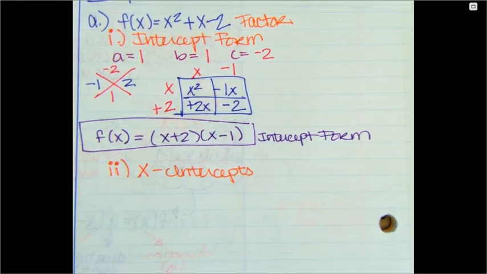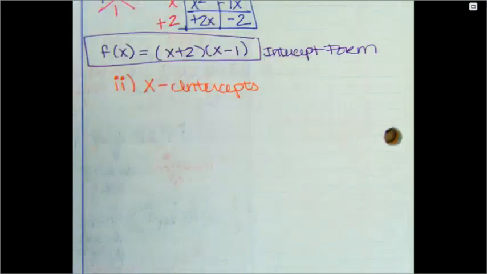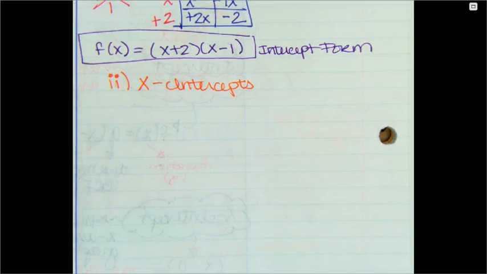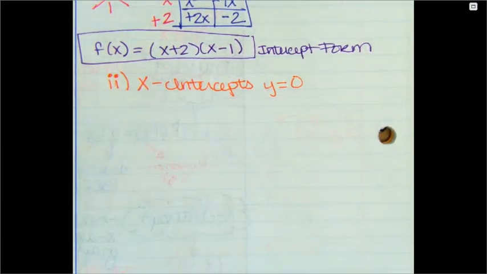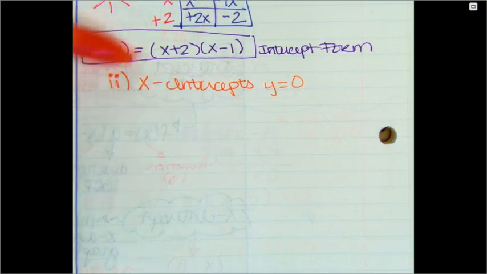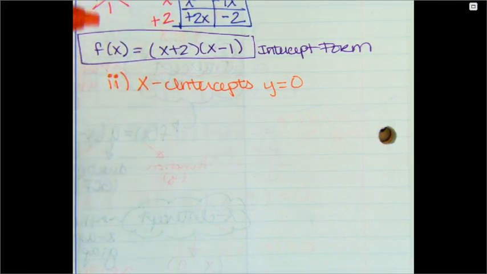This is where you have to learn how to read your notes, guys. How do you do x-intercepts? What do you plug in? Angel says y is 0. So now what? What's y here? Tell me what to write then, Alyssa.